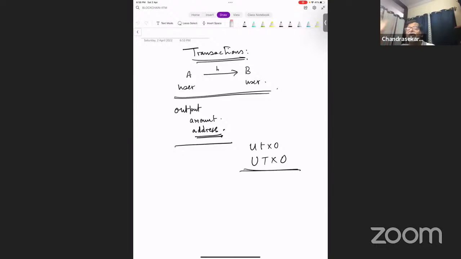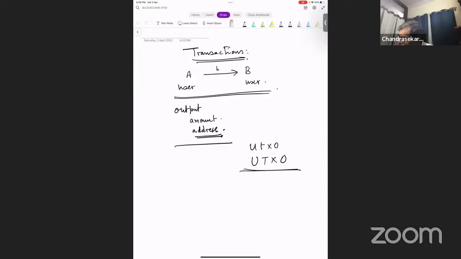The whole Bitcoin network maintains all the unspent transaction outputs. From anybody to anybody, any transaction output that is unspent is going to be kept all the time.